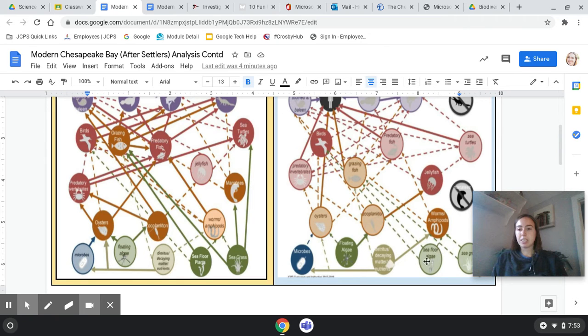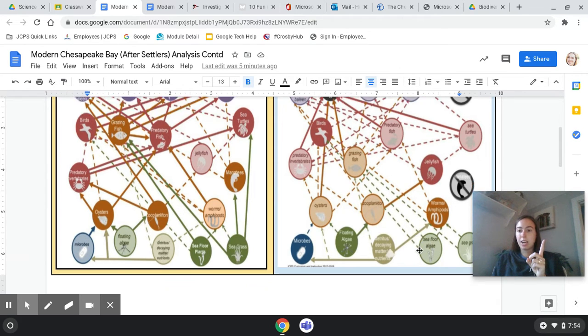And so now that I see the seafloor plants, I need to count the number of strong and weak interactions. And so I can see one arrow leaving seafloor plants and going up, up, up, up, up to birds. So that's one interaction. And that is a weak interaction.